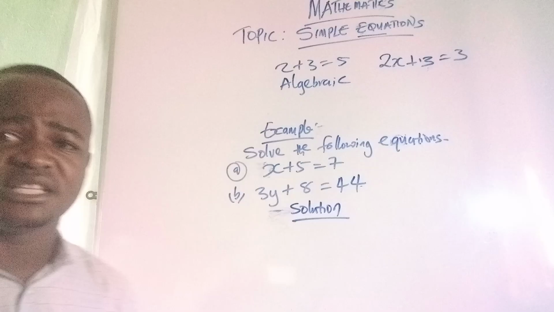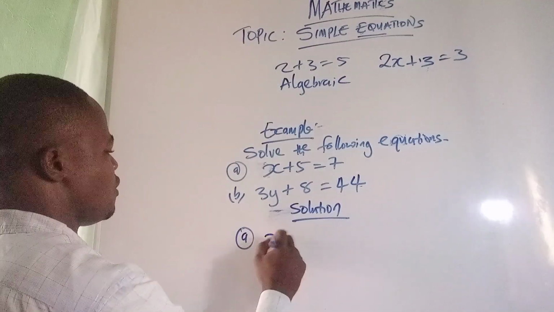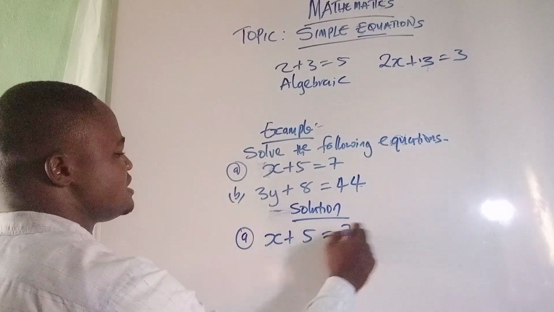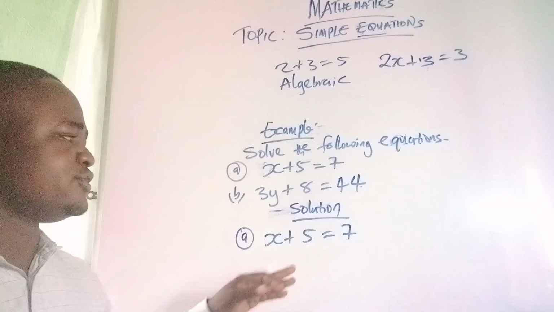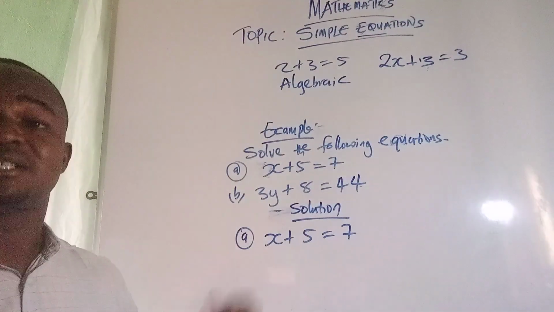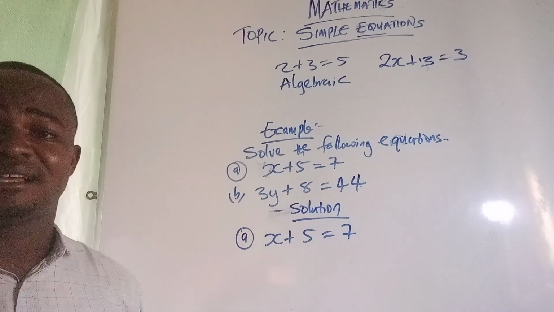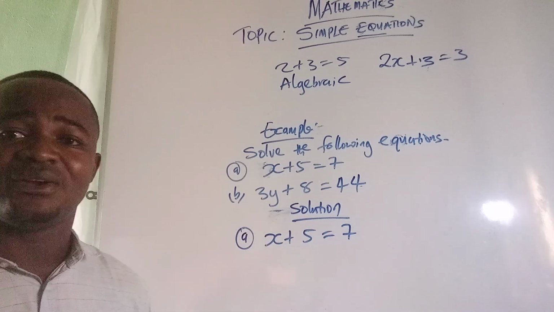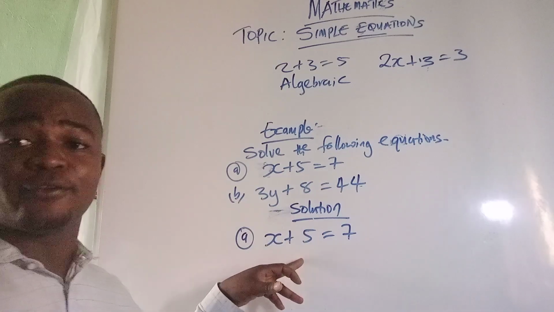What is disturbing this x from being alone? 5. And 5 is disturbing it with an addition sign. How will I make 5 disappear here? I will make 5 disappear by subtracting 5 from here.